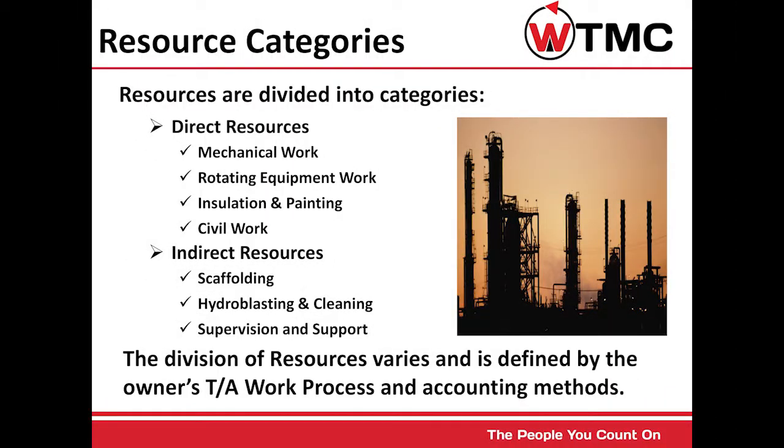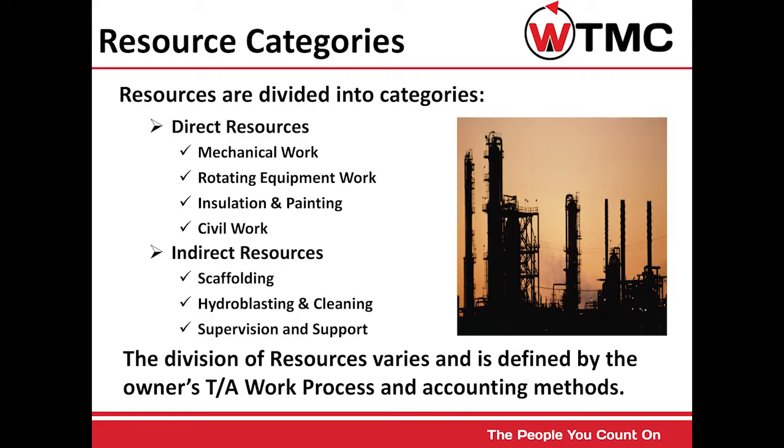Resource categories. Resources are divided into major categories. There are direct resources, which can refer to mechanical work, rotating equipment work, insulation and painting, or civil work. Indirect resources may include things such as scaffolding, hydroblasting and cleaning, supervision and support.